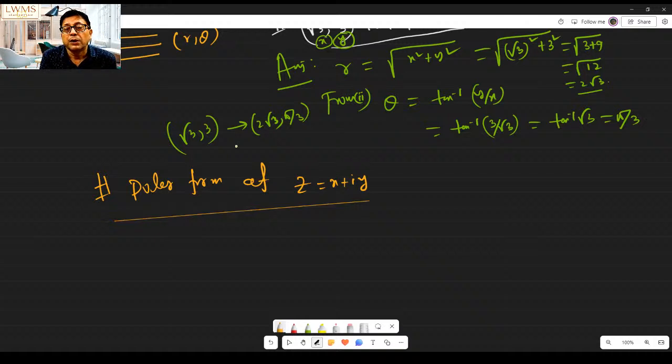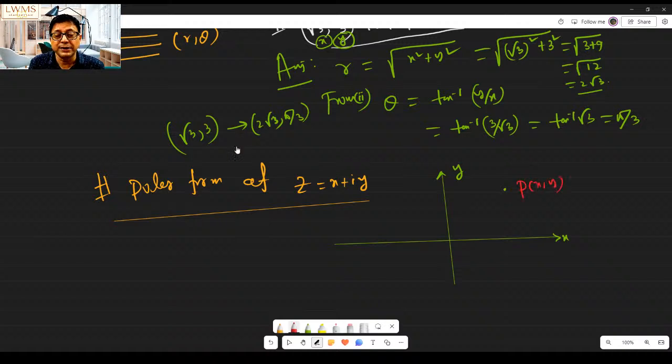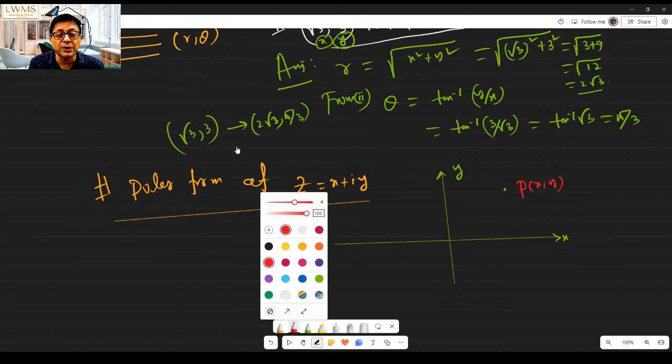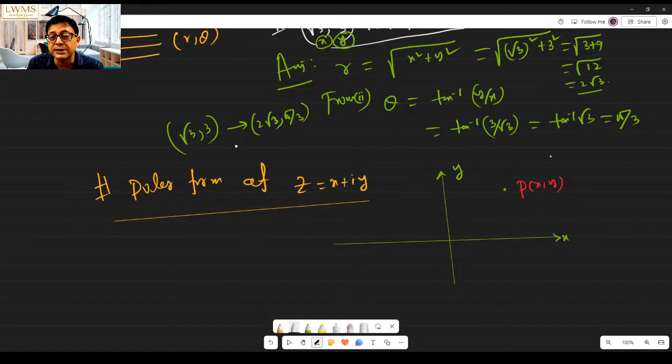Okay? So if we assume that the complex number lies in the first quadrant, imagine this x, y lies in the first quadrant, P is a point in the first quadrant, P, x, y. How to represent this complex number in the two-dimensional coordinate system, let us see.